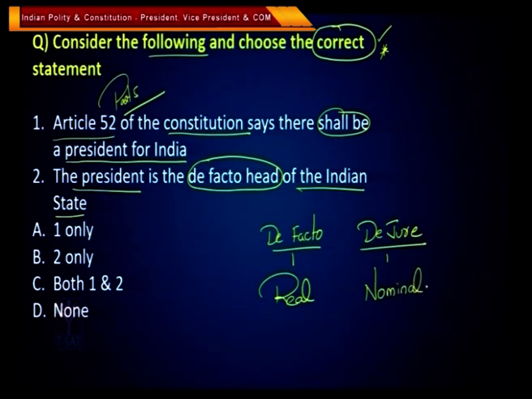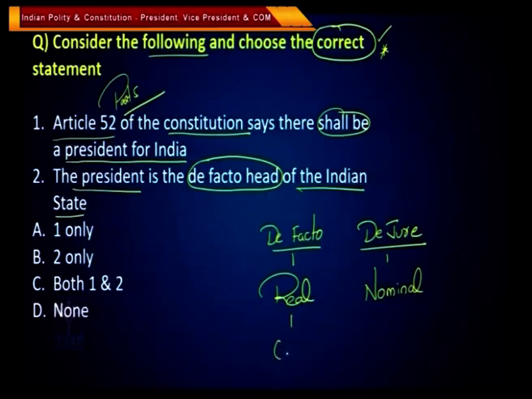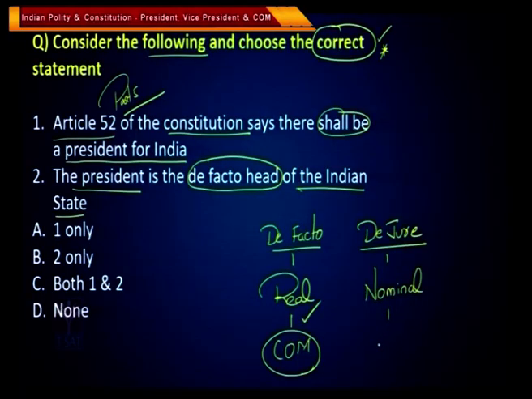In India, there is a real executive and also a nominal executive. The constitutional authority called the real executive is the Council of Ministers, including the Prime Minister. Then who is the de jure, nominal executive or nominal head? The President of India.